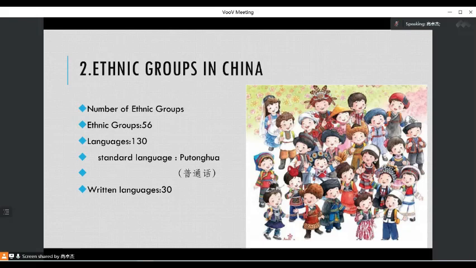Such as, do you know the examination, gaokao, the entrance exam to university or college for Chinese? If you are a minority, you can get 10 or 20 more points than Han people.